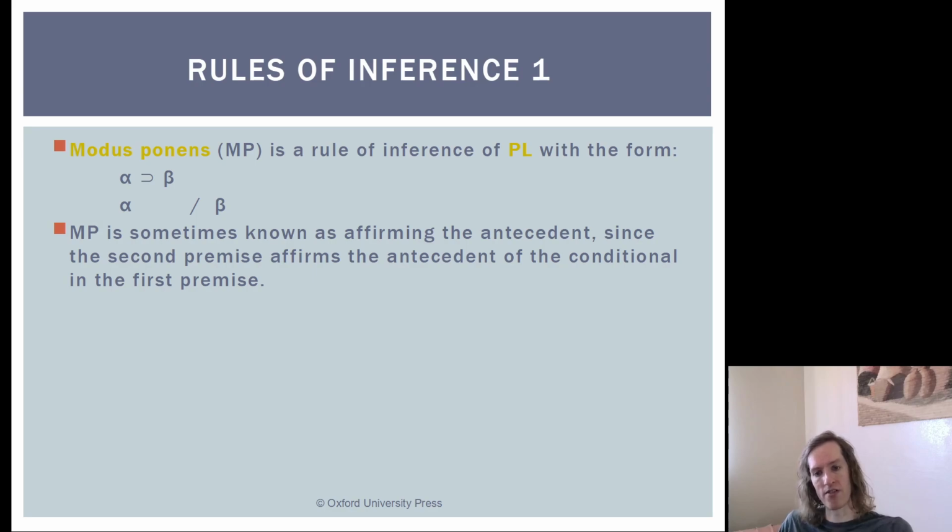Because it is true that if alpha, then beta, and there is an alpha, then there must be a beta. So we're able to arrive at the conclusion beta from, we need two things. We need the relation between alpha and beta described by the conditional, and we need the antecedent, alpha. And if we have the antecedent, and it's true that the relation between the antecedent and the consequent is a material implication like this, then it's true that beta.